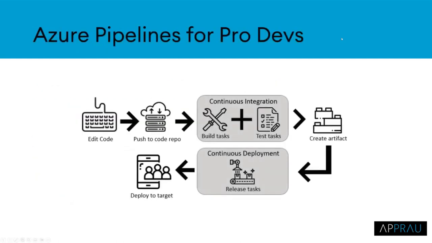If you're a professional developer, you're probably already familiar with Azure pipelines. So this is what I mentioned. You edit your code, you can push it to a code repository, maybe Azure DevOps, could be GitHub, whichever it is, and then you can automate the process of building, testing, and it'll create certain artifacts, like your DLL files or other HTML files, etc. And then you can create the pipeline to go to different target environments.